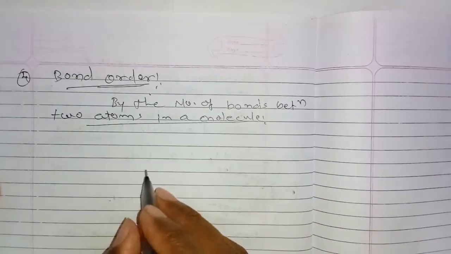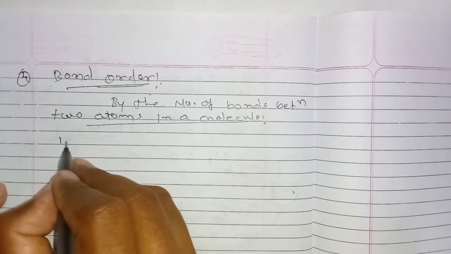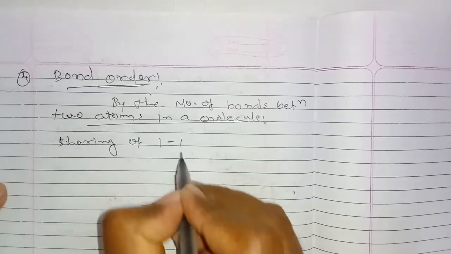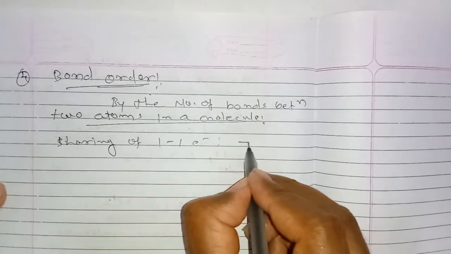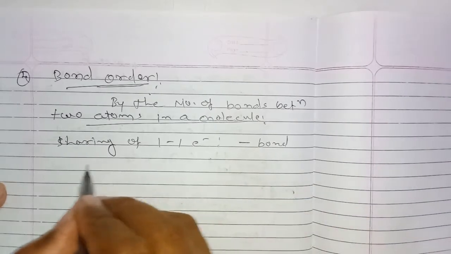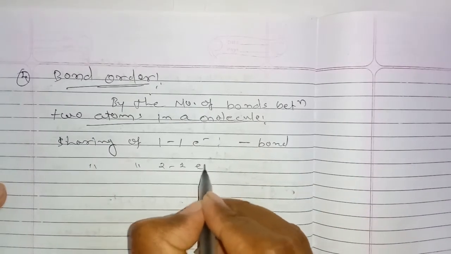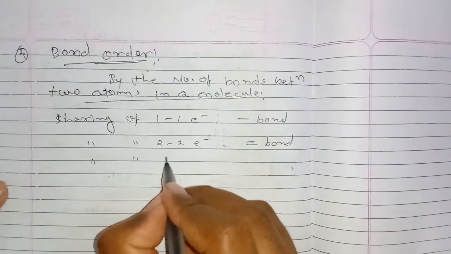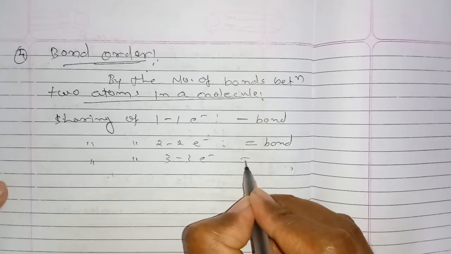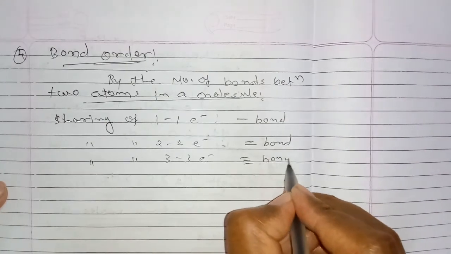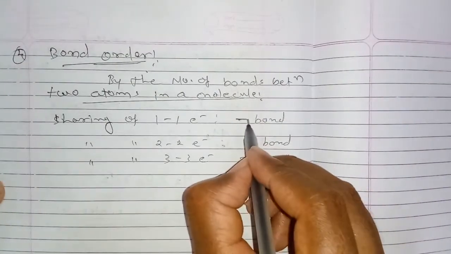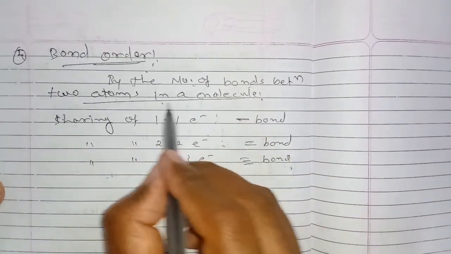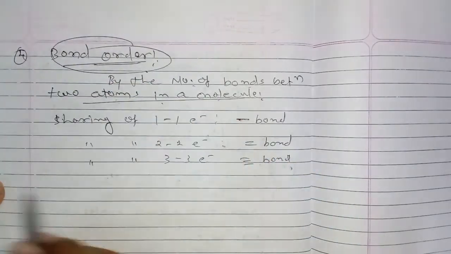That means if there is sharing of 1 electron, there is a single bond. Sharing of 2 electrons, a double bond is formed. Sharing of 3 electrons, a triple bond is formed. This number of bonds between two atoms in a molecule is called bond order.